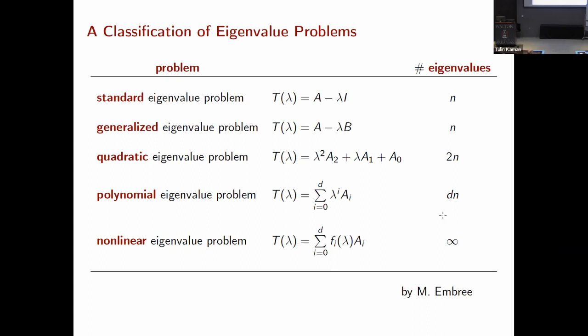But if you go to what we call the general nonlinear case, where we have some function f_i of lambda, which can be an arbitrary function, then even though the coefficients of this problem are matrices of size n by n, we can have infinitely many eigenvalues. And that's causing us a lot of difficulties in terms of even calculating, and further difficulty for the actual analysis of those types of problems.